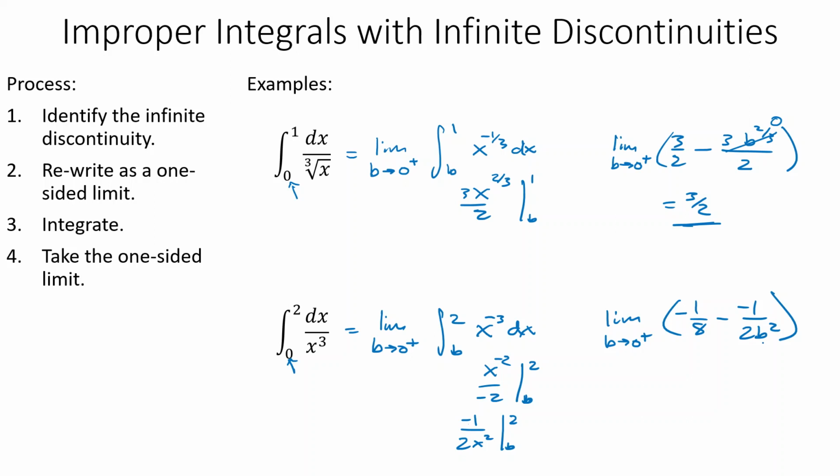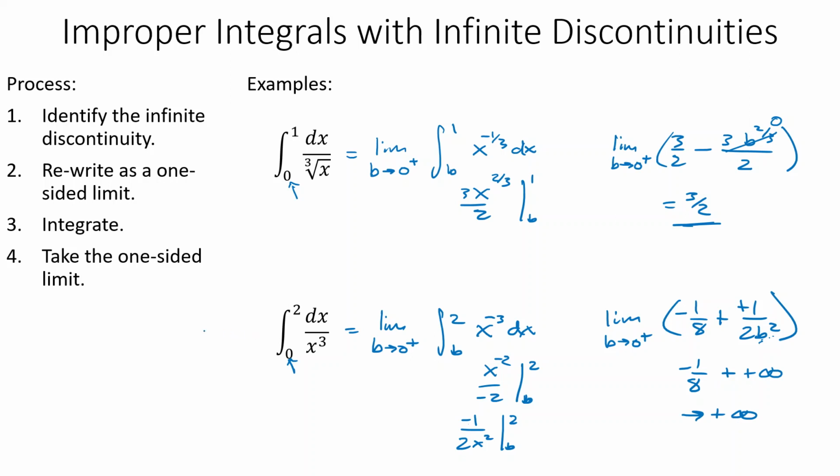All right, so if we plug in 0 from the right, that's going to be a problem on the bottom there. So we're going to get negative 1/8 plus, and this 0 to the right, this is going to go towards positive infinity, right? We get 0 on the bottom, it's positive, the top's positive, we're going to positive infinity. So positive infinity minus 1/8 means we are going to positive infinity.